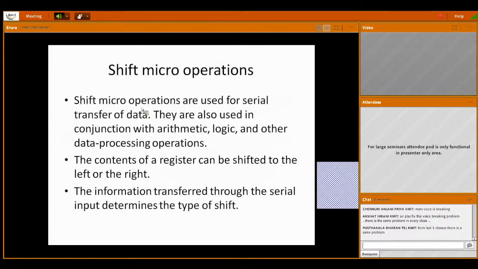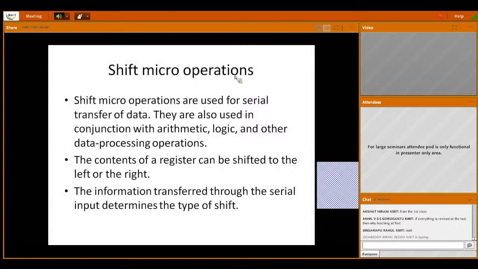In shift micro operation, the bits of the register are shifted one by one, and this shifting can be done either to the left side or to the right side.